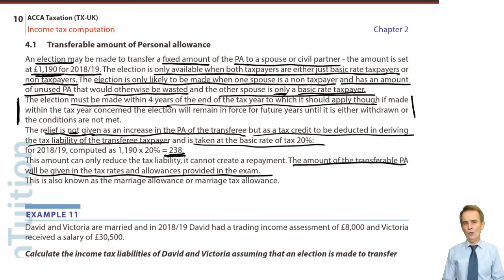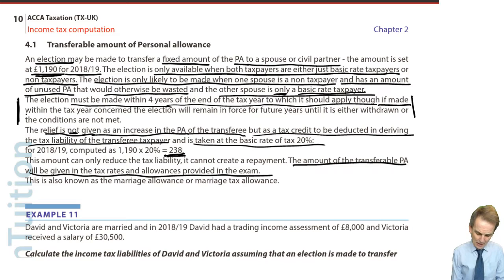But if you have a situation where someone is not just on a one-off basis having a low level of income, but consistently having a low level of income, then what we can do to avoid having to make elections for every year is this.